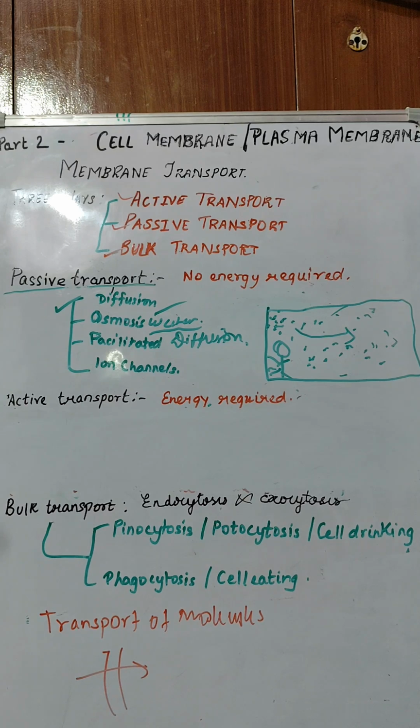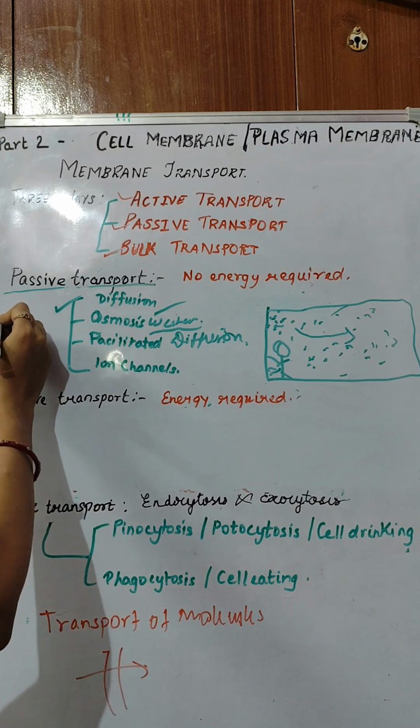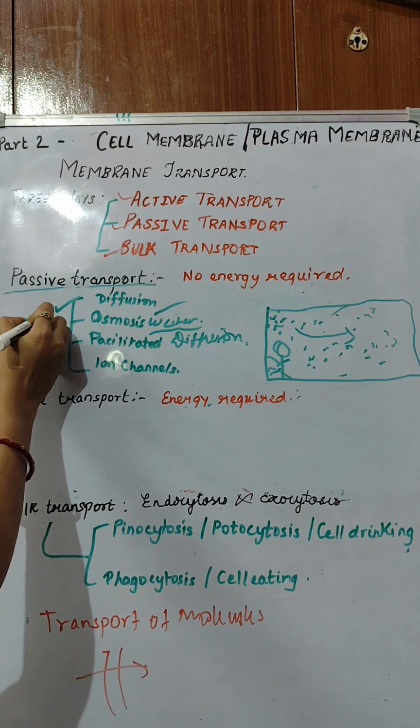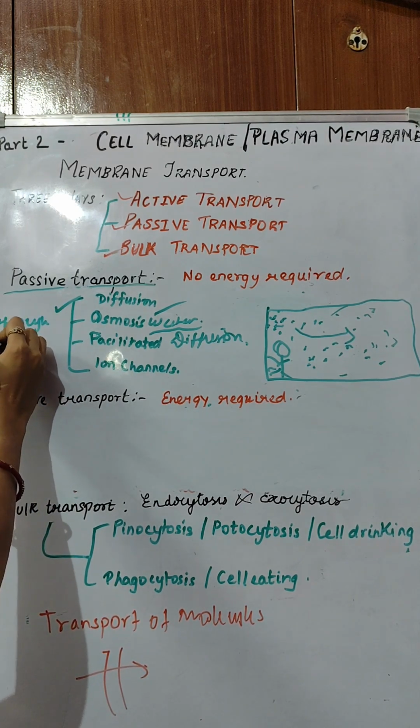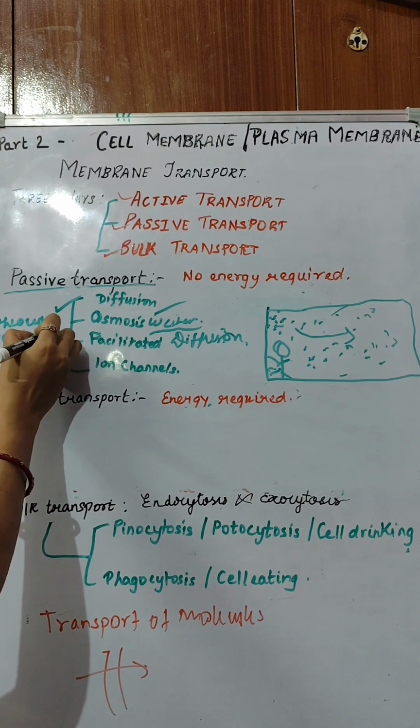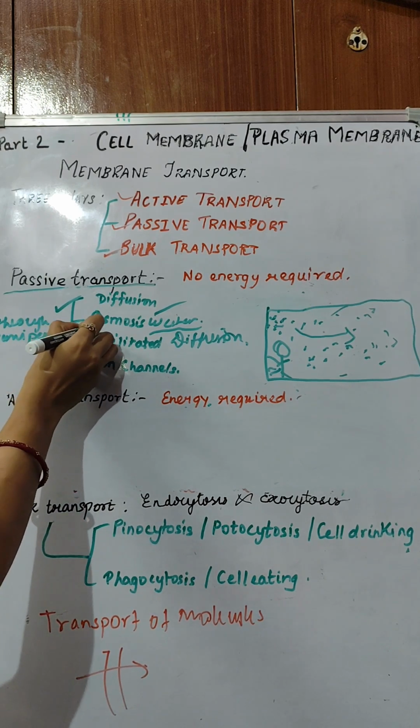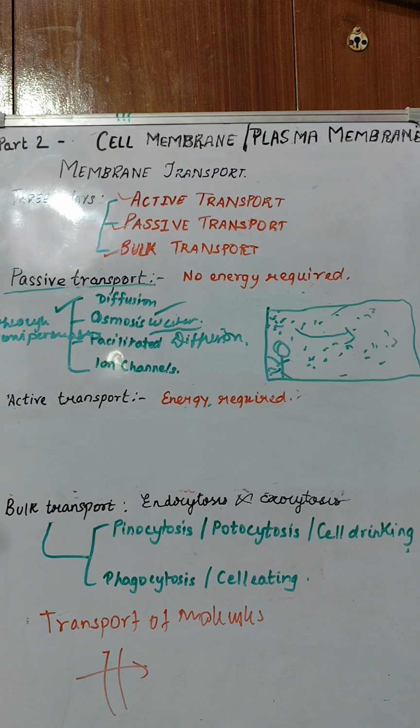Movement of water molecules from the region of higher concentration to the lower concentration through a semi-permeable membrane. Just remember, in osmosis, the word semi-permeable is very important. We all know the plasma membrane is a semi-permeable membrane. So if the water molecule is diffused, it is known as the osmosis process.